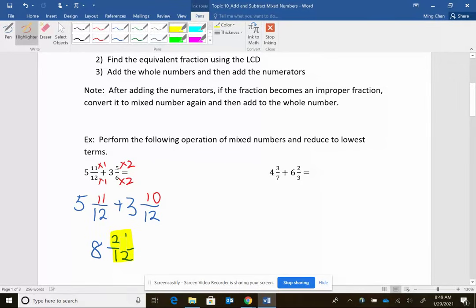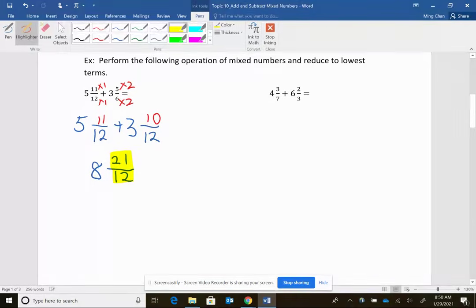What we're going to do is convert this improper fraction into another mixed number. 12 will go into 21 how many times? Well, it's actually 1 time. 21 minus 12 is 9. So this part is 1 and 9 over 12.